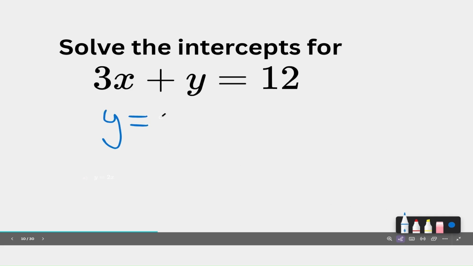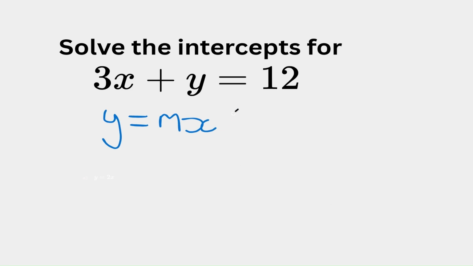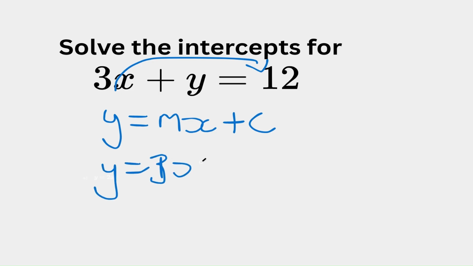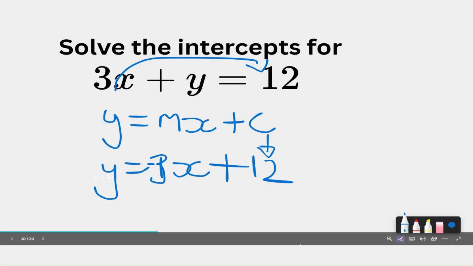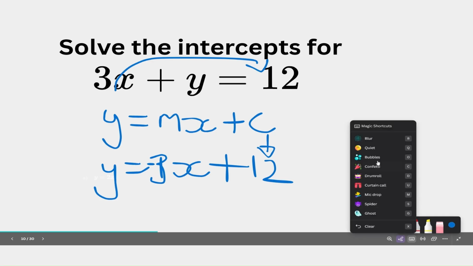We can take the 3x to that side, so that y is on its own on the left-hand side. And we need to remember our 3 is going to be negative. Then we can see the 12 is in c's place, if you like that method.